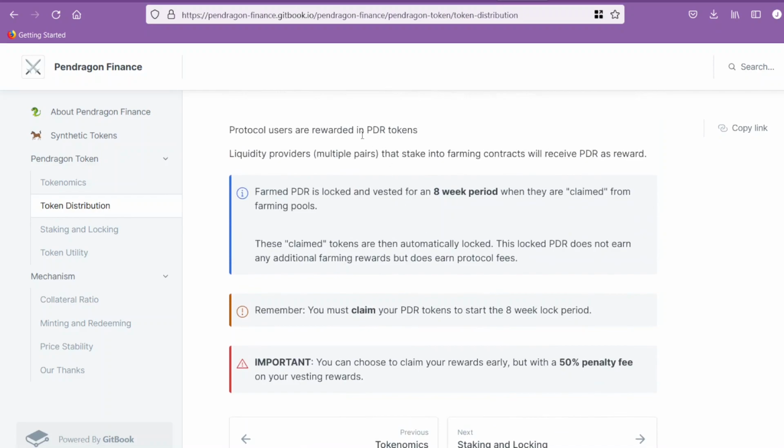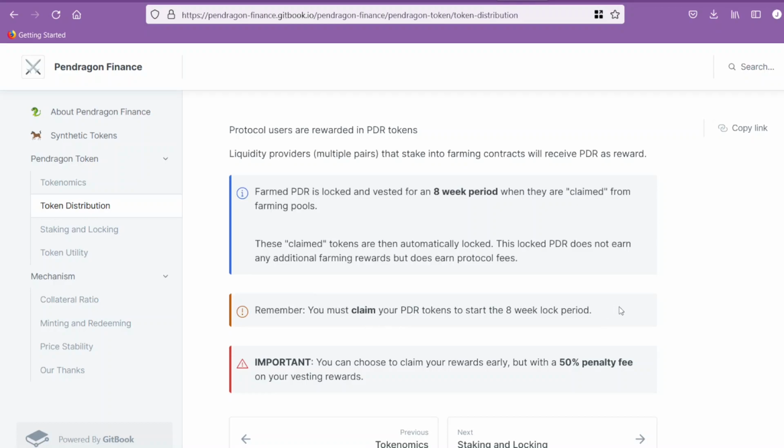So here's some information regarding the farming and the staking. It's saying here, when you farm your PDR tokens, they're going to be locked and vested for 8-week periods. And it's also reminding you here that you must claim your PDR tokens to start the 8-week lock period.